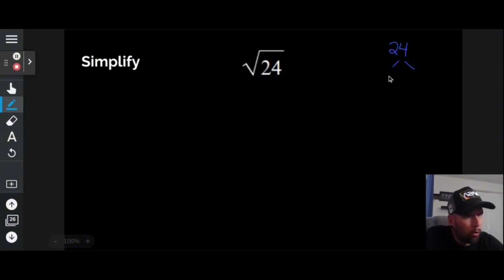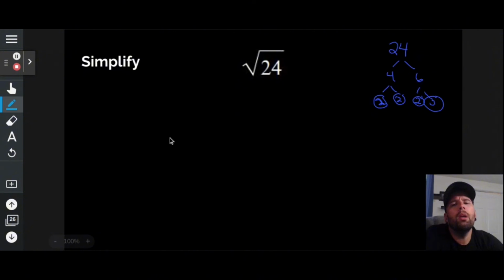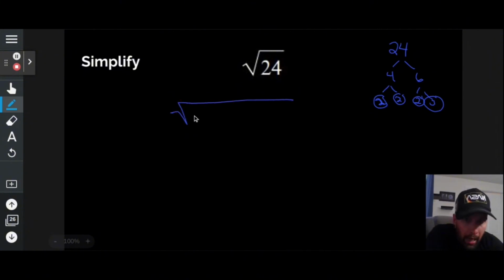So two numbers that multiply out to 24, how about 4 and 6? Neither of them are prime. Let's keep going. 2 and 2, circle the 2, circle the 2, circle the 2, circle the 3. You write that whole square root as its prime factorization. I already have it in order. 2 times 2 times 2 times 3.